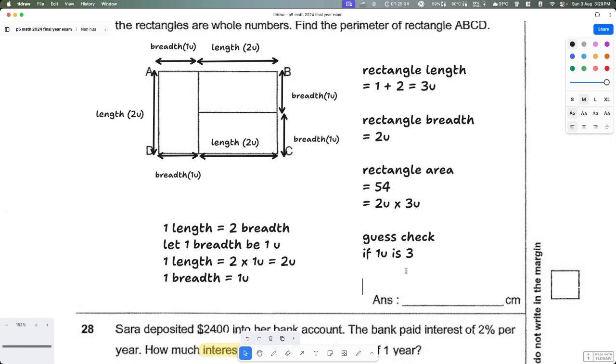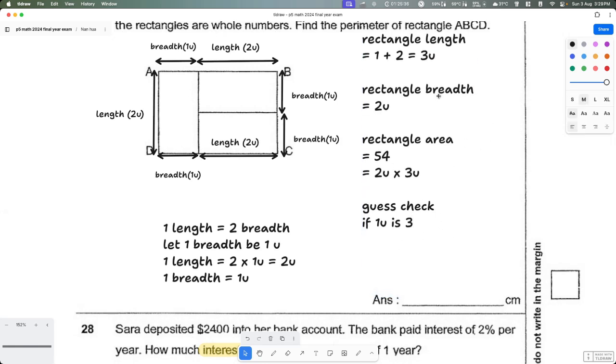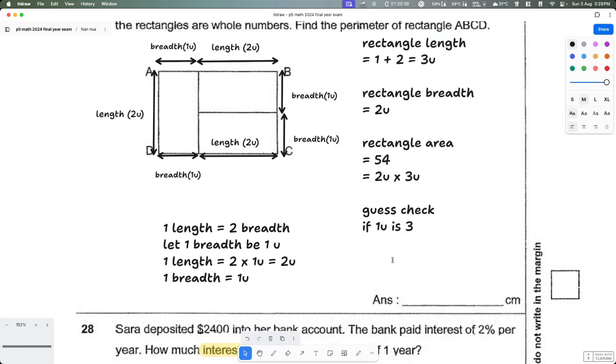Then 2 times 3 times 3 times 3, you can guess, right?